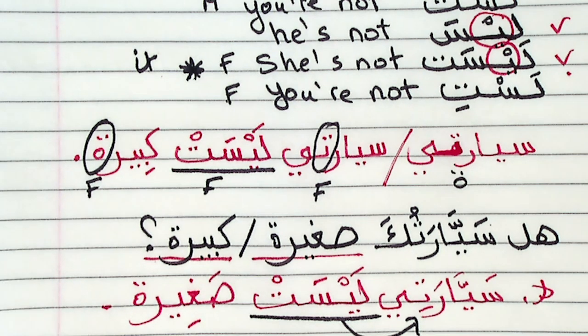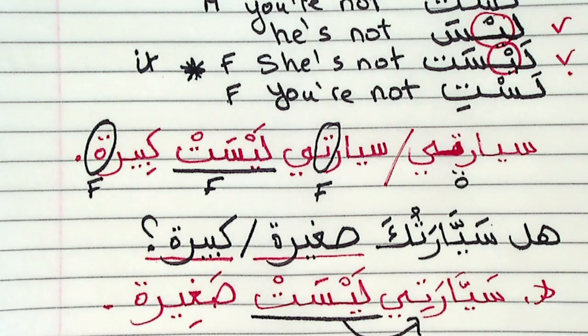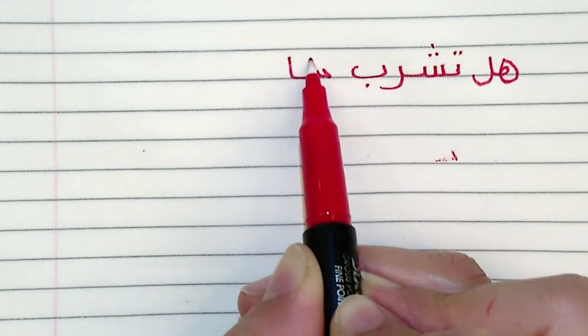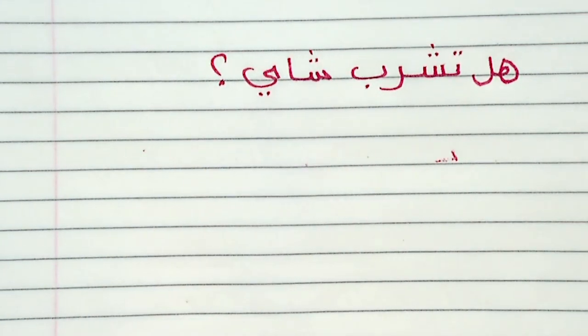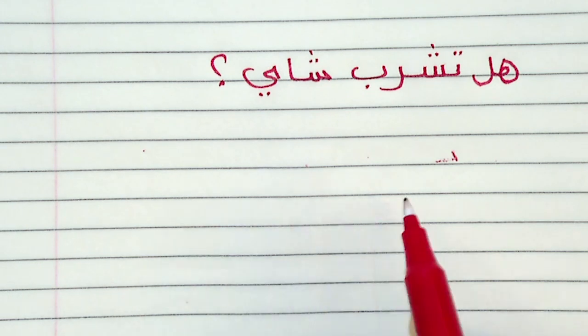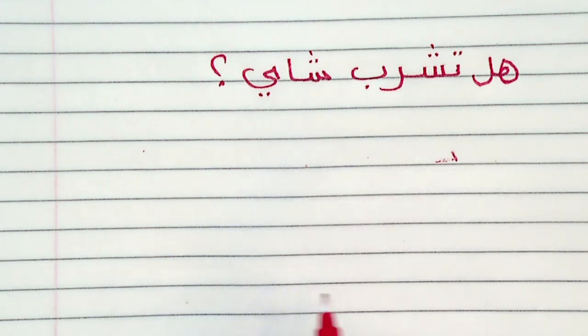So this would be for asking questions about objects. You can also use questions with a verb. So you want to say, do you drink tea? Do you drink tea would be هل تشرب شاي؟ Do you drink tea? So we're using "do you." We're using the verb.